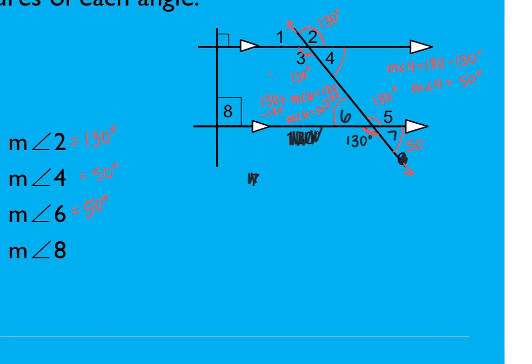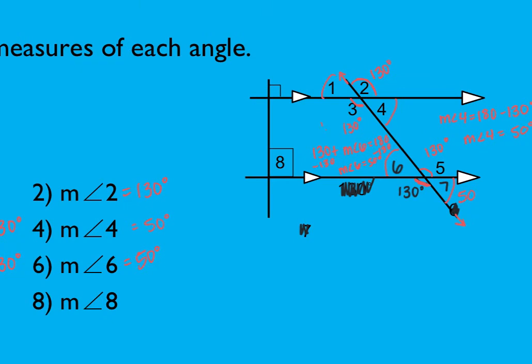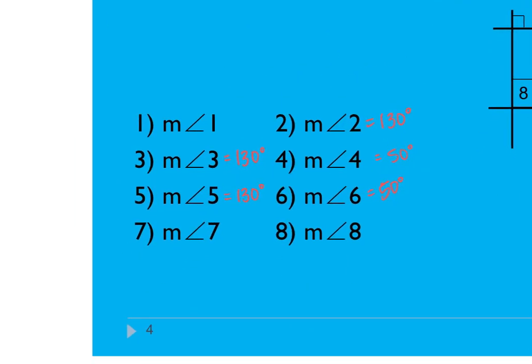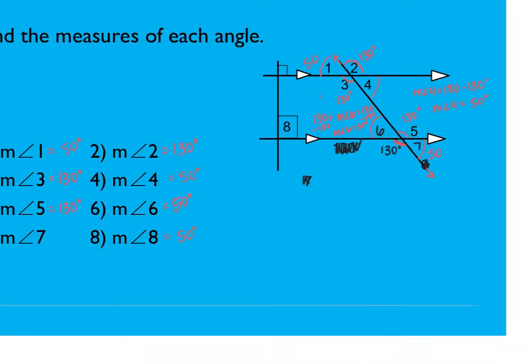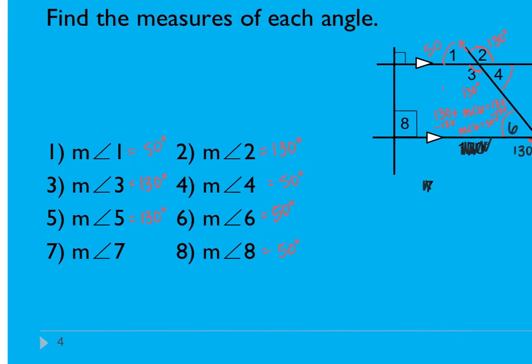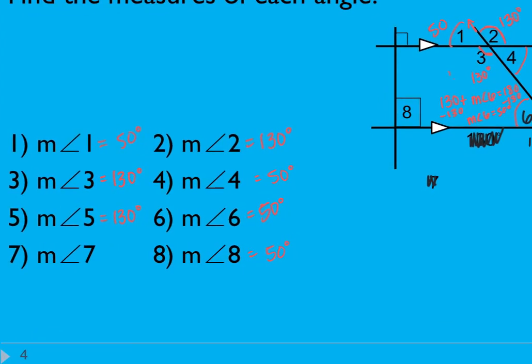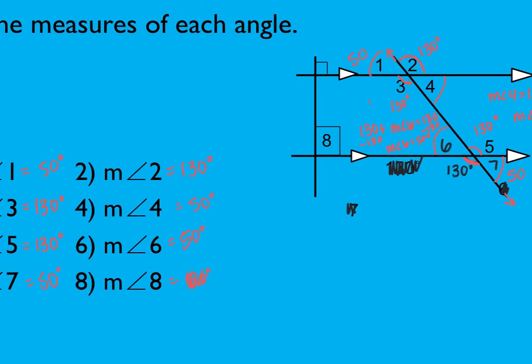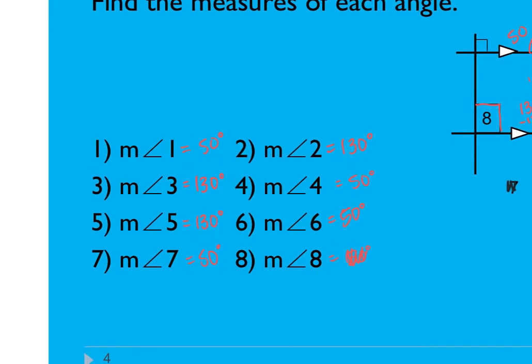And then same thing with 1. 1 must also be equal to 50. And then the measure of angle, oh, I'm sorry, I put 8. That should not be 50. This is going to be 50, sorry. The measure of angle 8, well, obviously, if it has a right angle mark, then that one has to be 90 degrees.